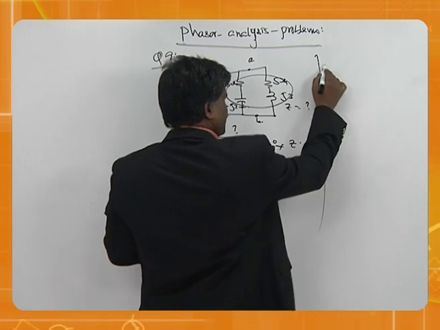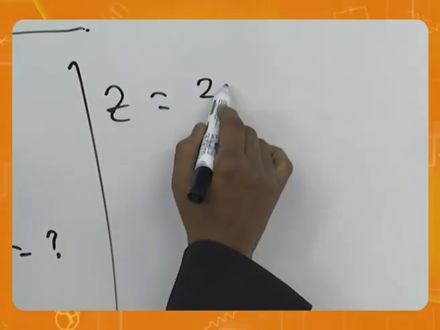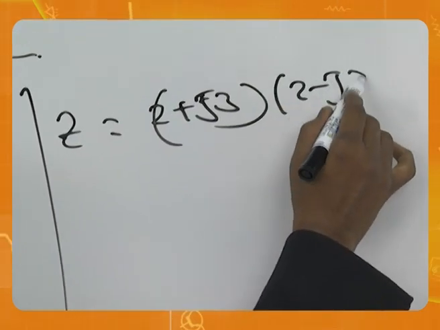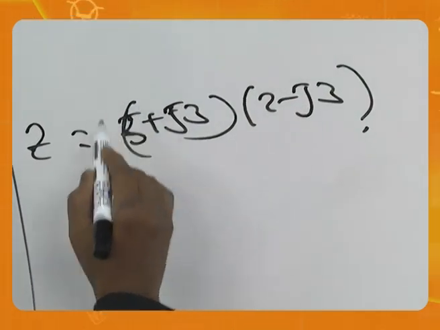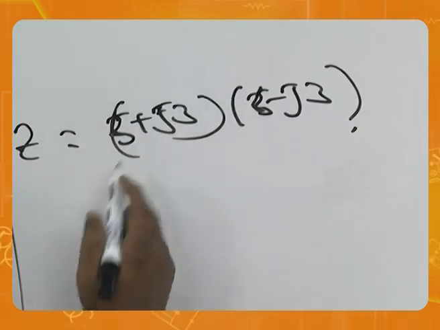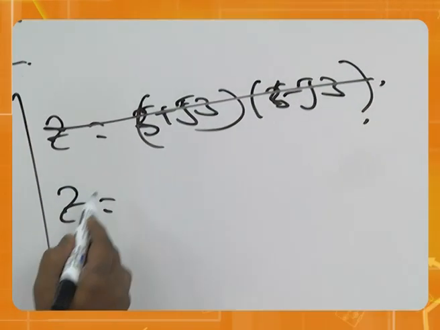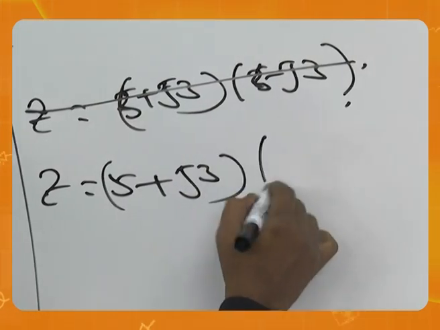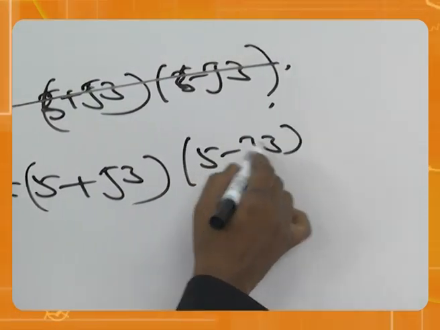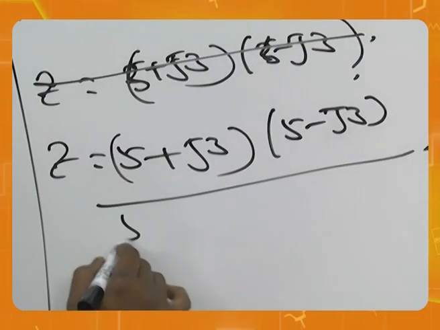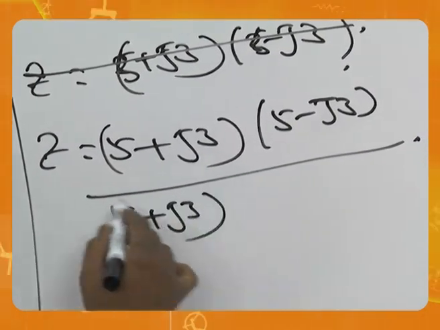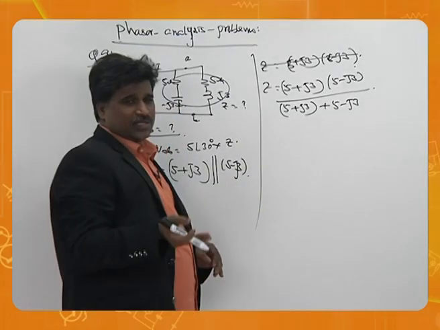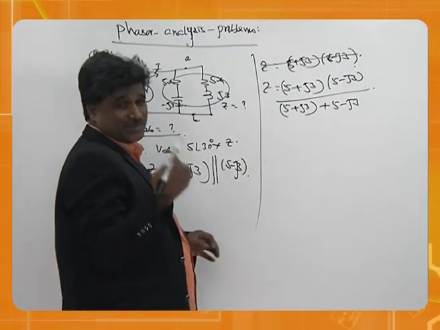Now let me calculate that. Very simple. 5 plus J3, 5 minus J3, divided by 5 plus J3 plus 5 minus J3, just like Z1 Z2 by Z1 plus Z2.